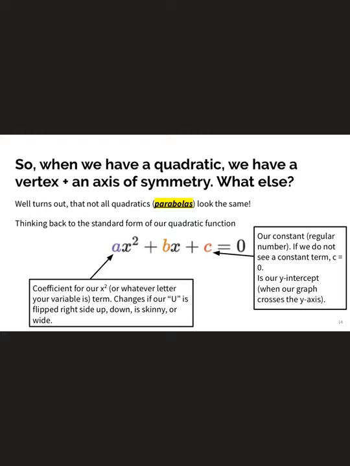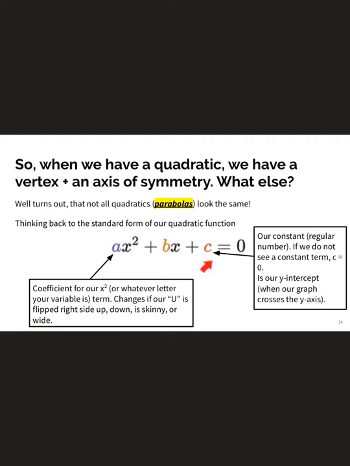When we are given a quadratic equation, not all quadratics or parabolas are going to look the same. So when we think back to the standard form of our quadratic function, we have an a coefficient, which is the coefficient for our x squared term. It changes whether our U is upward or downward, like we discussed in the beginning. And it also determines whether we're going to be a skinny parabola or a wide parabola.